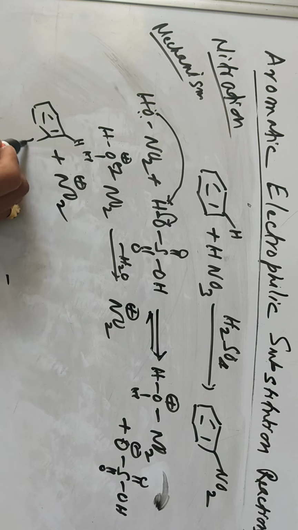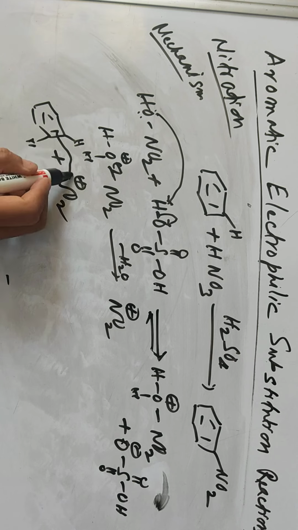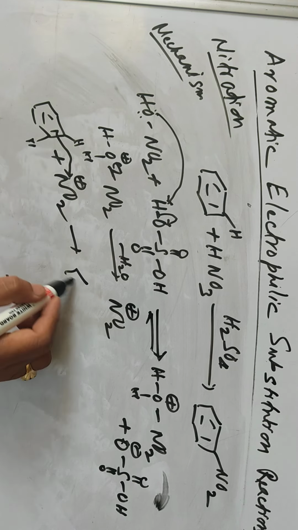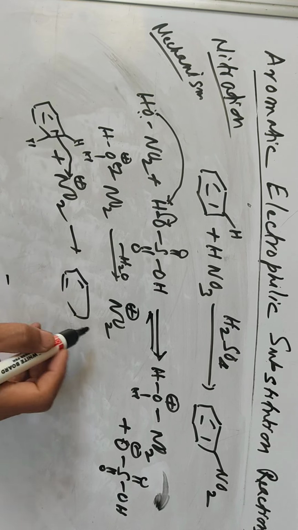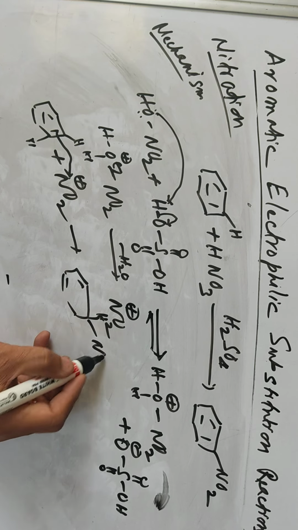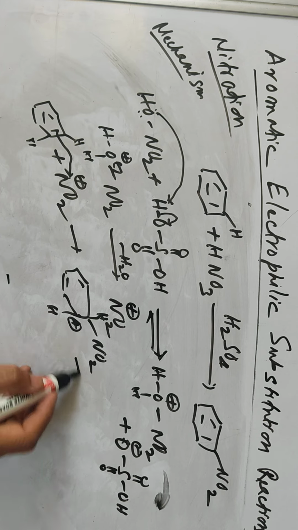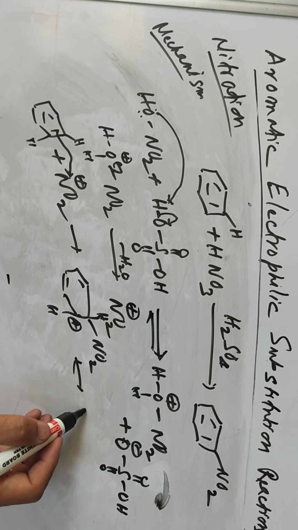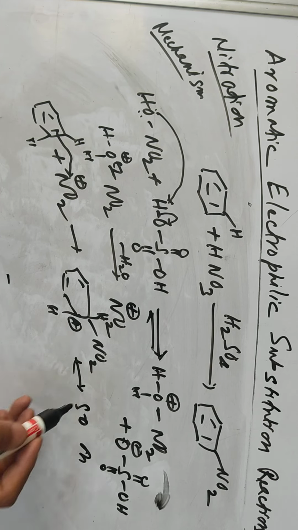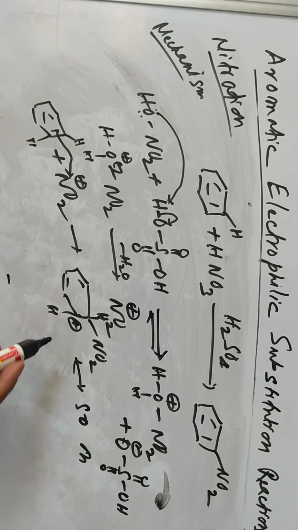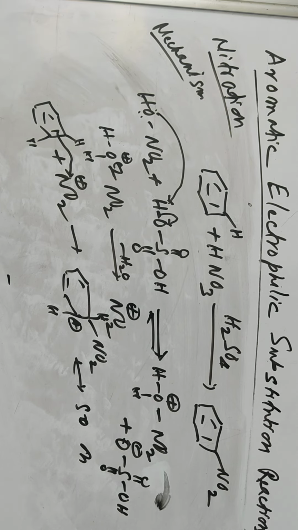So we have hydrogen here, and it attacks like this. We get an intermediate carbocation with NO2 and a positive charge here. The positive charge will delocalize as in the earlier cases. Then finally there is loss of a proton by reacting with the sulfate group.